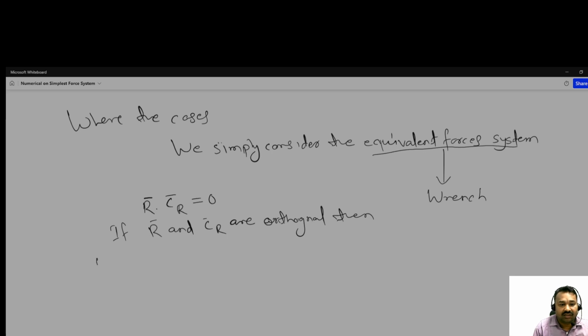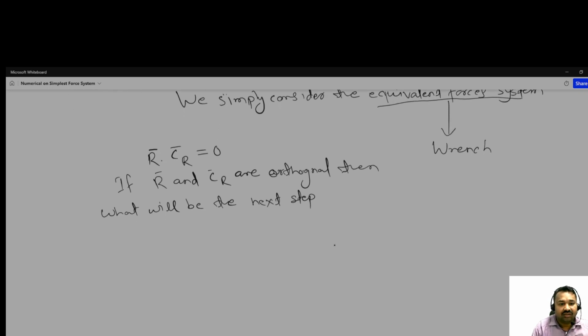Then what will be the next step? Okay. So next step will be simply, according to this question, convert the couple, or you can say remove the couple.